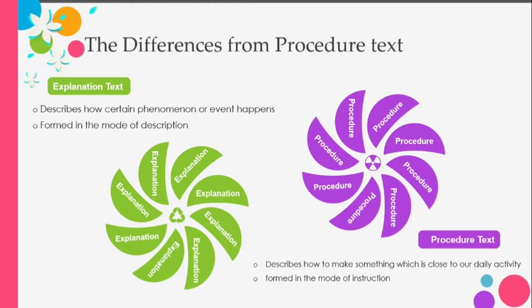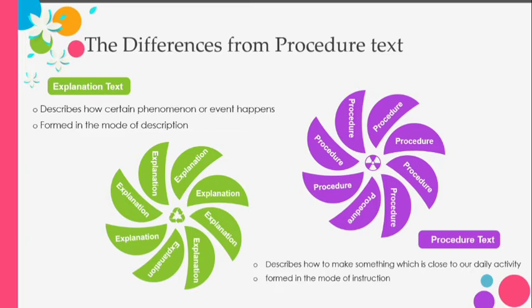Explanation texts describe how a certain phenomenon or event happens and are in the mode of description. However, procedure texts describe how to make something, which is close to our daily activity, and are in the mode of instruction.